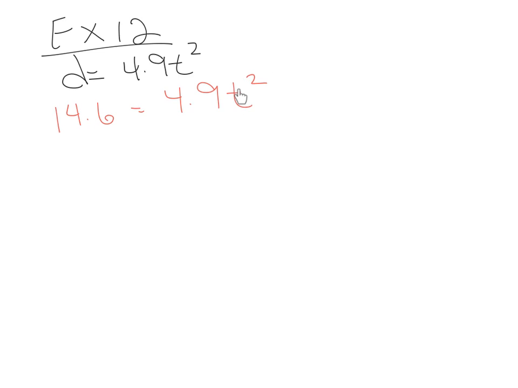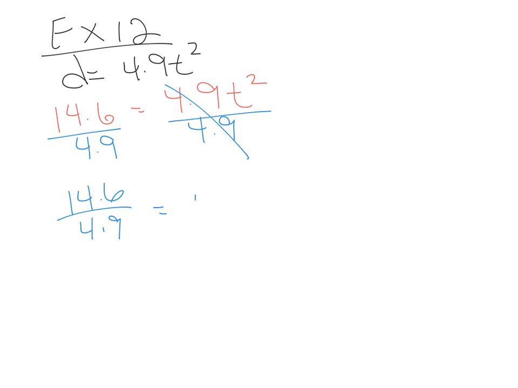So we're actually looking for this time right here. So we need to get this 4.9 off. So of course we're going to divide it. You can plug these decimals into your calculator. We'll have 14.6 divided by 4.9 equals t squared.